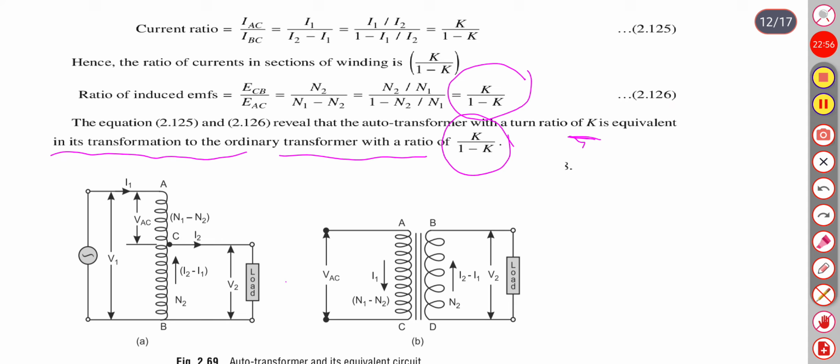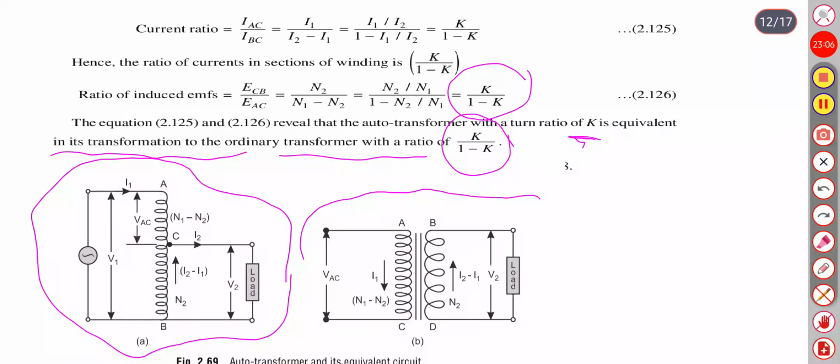So this is an autotransformer circuit, and if we want to draw an equivalent circuit for the autotransformer, it will look like this. The number of turns will be N1 minus N2, and here the number of turns is N2.